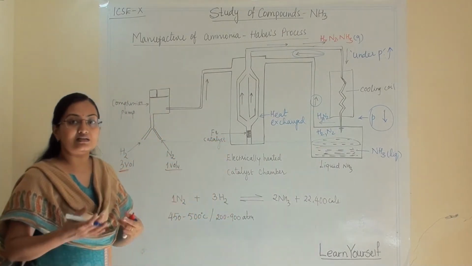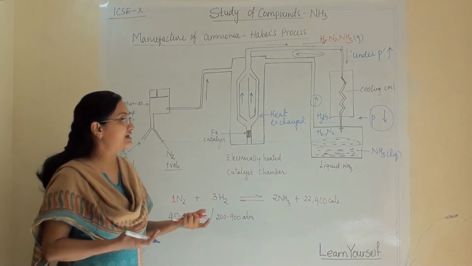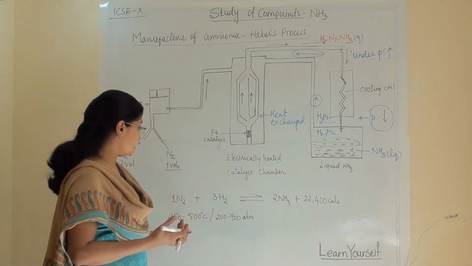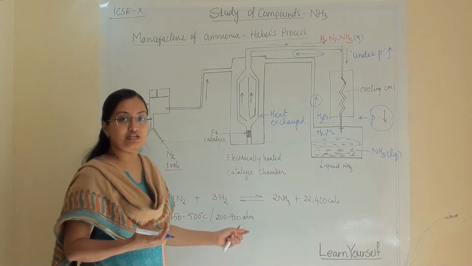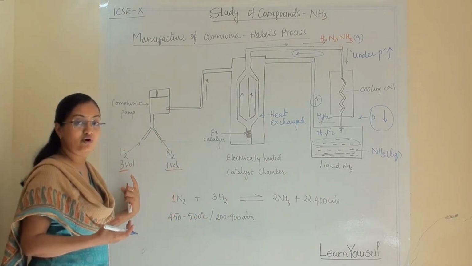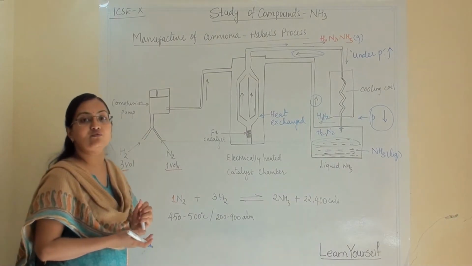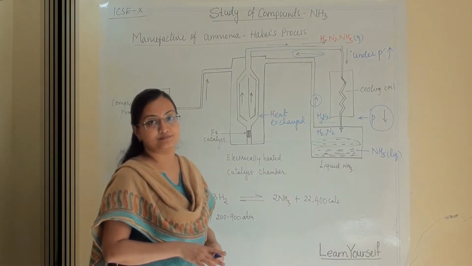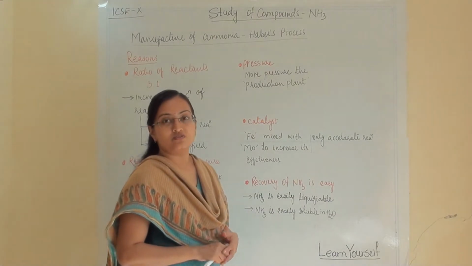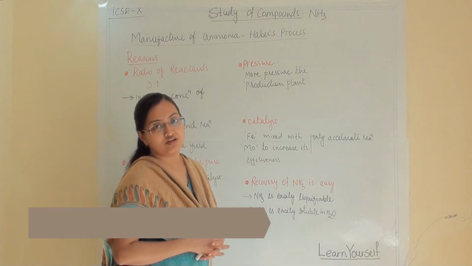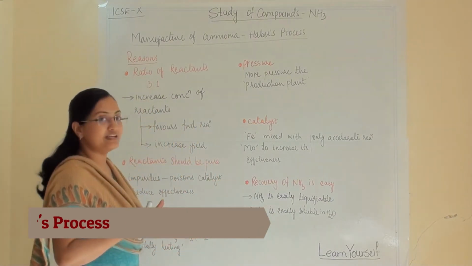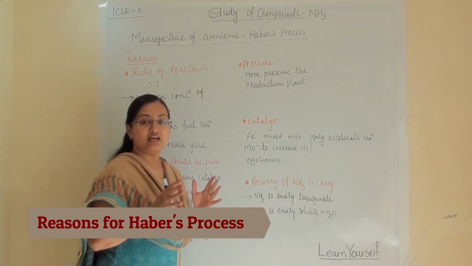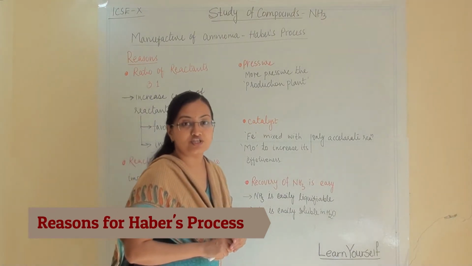Now let us understand some of the reasons why we are using this temperature and pressure condition, and why we are taking 3 volumes of hydrogen and 1 volume of nitrogen. Now we are going to learn about some specific reasons for Haber's process. Earlier we have seen Haber's process for manufacturing of ammonia.